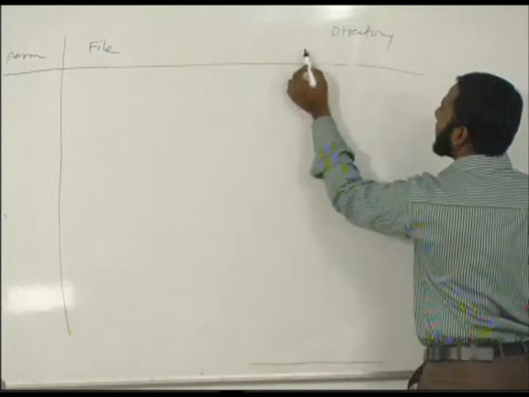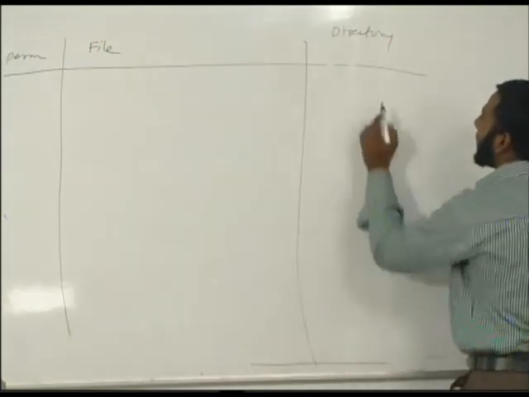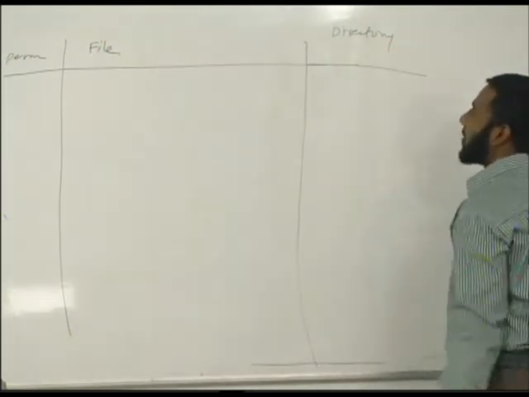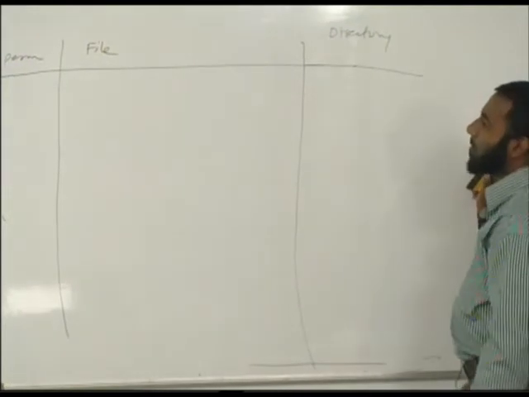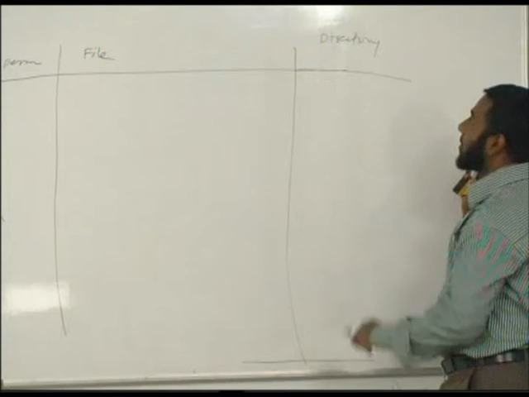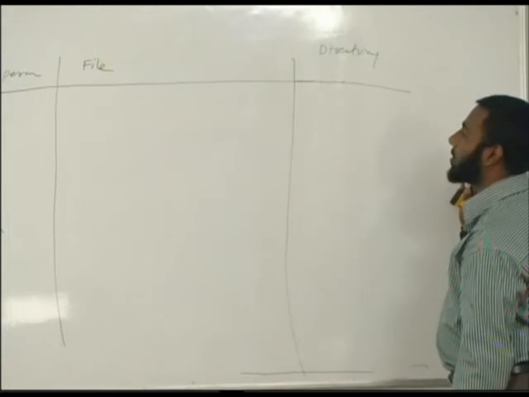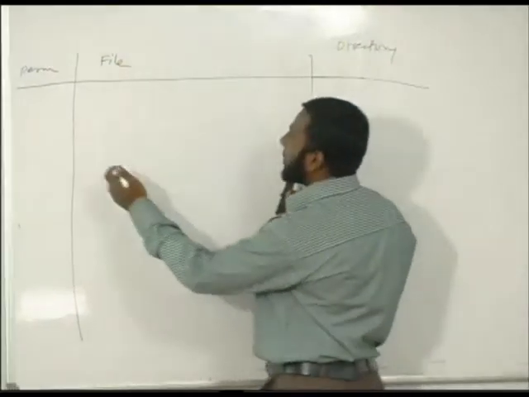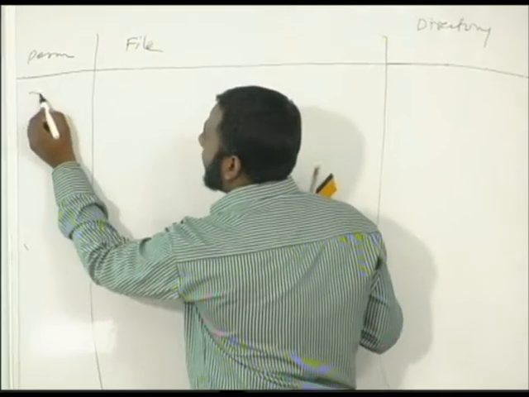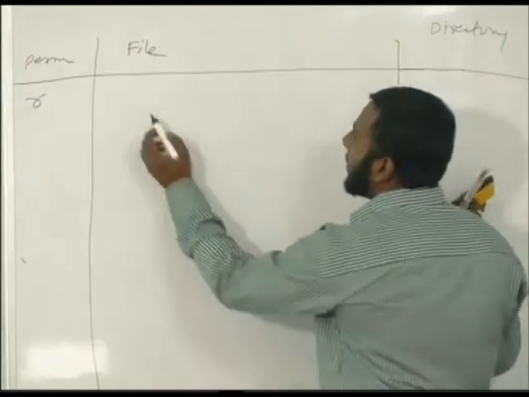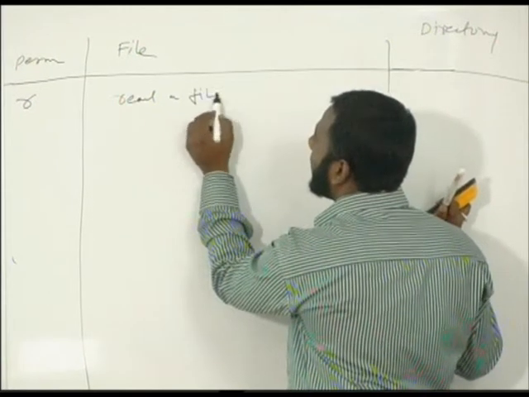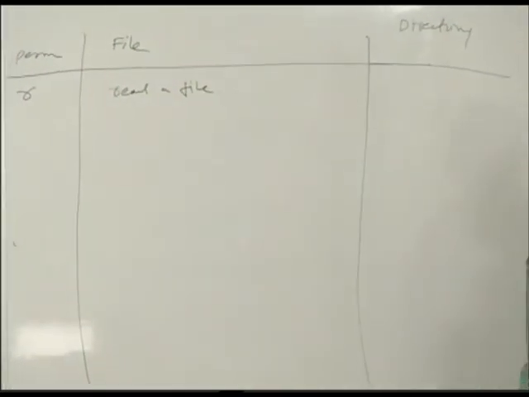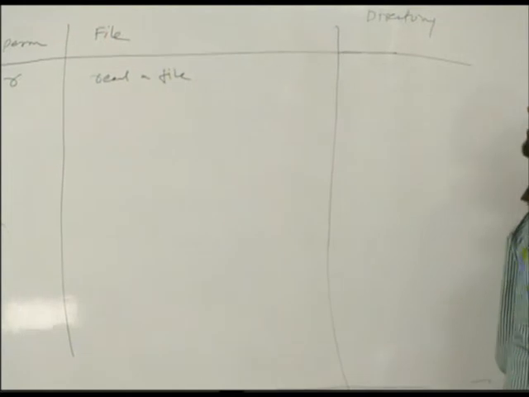See, everything in Linux is a file, but a directory is a file whose first bit is set to 1. That's why it's called a directory file. Now, if read means you can read a file, reading on a file is allowed. But what do you mean by read on a directory?